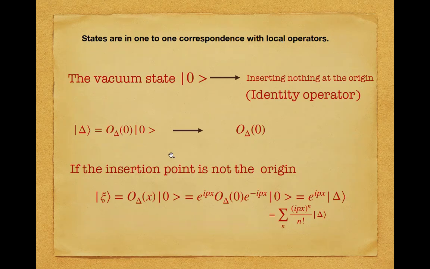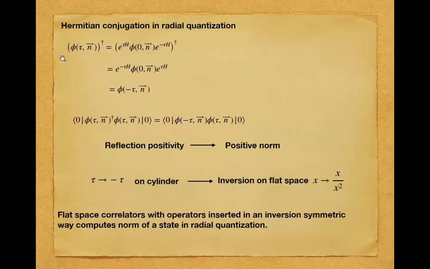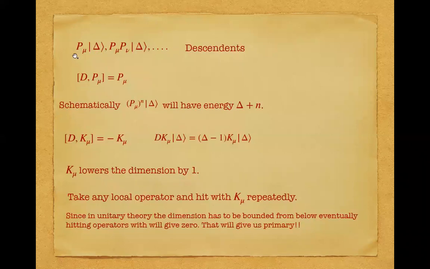So P mu acting on delta, and these other terms, are nothing but the descendants of that primary field O delta 0. P mu is basically del mu, a derivative acting on the primaries, which gives us the descendants we saw yesterday. This generates a series of descendants for my primary operator O delta 0 at the origin.